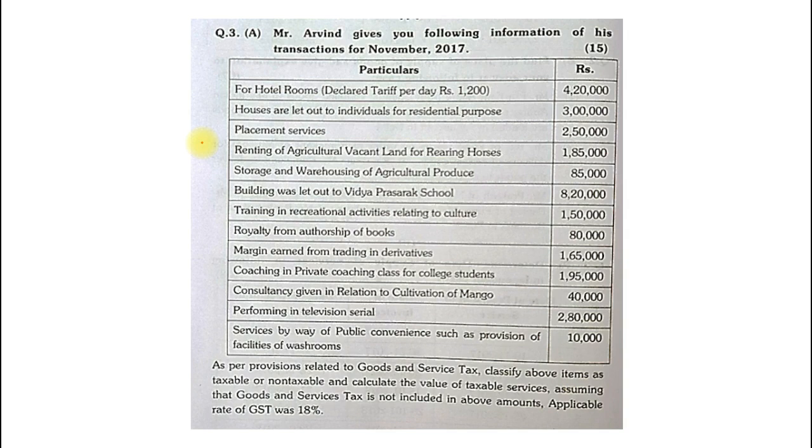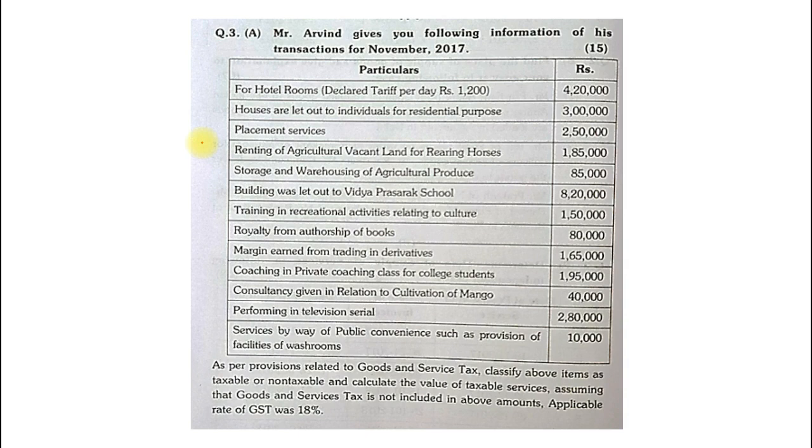So now see, a very simple trick to remember this: anything related to government, exempted. Anything related to raw material, that is agricultural raw material, exempted. Anything given for residential purpose, no tax. If it is commercial, yes, taxable. For hotels and all, if the tariff of the room is less than 1,000, no tax.